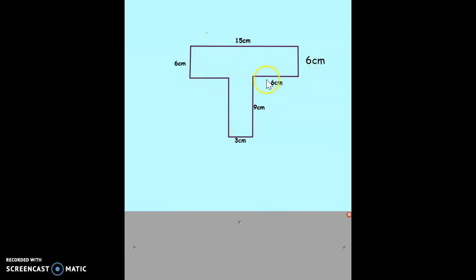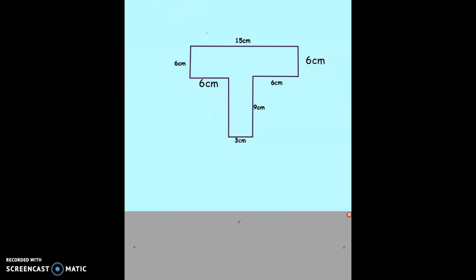Well, look, we've got two opposite sides of 6 centimeters and 3 centimeters. If we add them together to make 9 centimeters, that'll take us all the way across to this point here. So we just need the difference between that 15 centimeters and the 9 centimeters. Well, the difference between 15 and 9 is 6. So that has to be 6 centimeters, that side there.